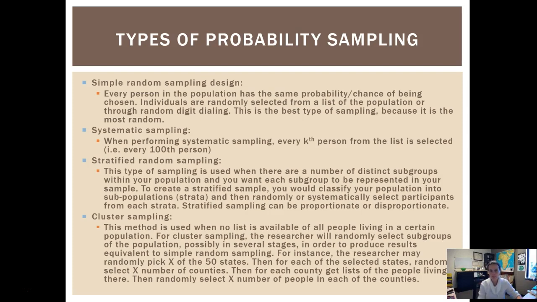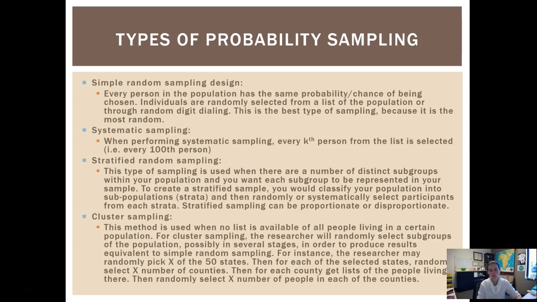So for instance, by gender, you would create a list of all of the people in those subgroups. So for instance, at NKU, all of the men and all of the women. And then you would randomly select a certain amount of men and a certain amount of women off that list to either have the same proportions as in your overall population or different proportions.